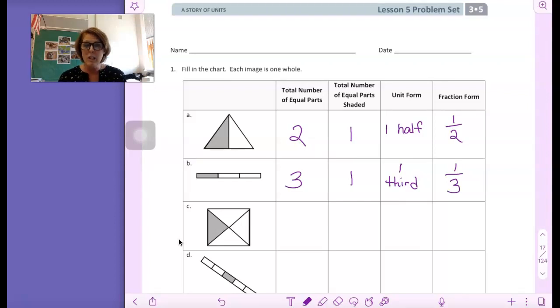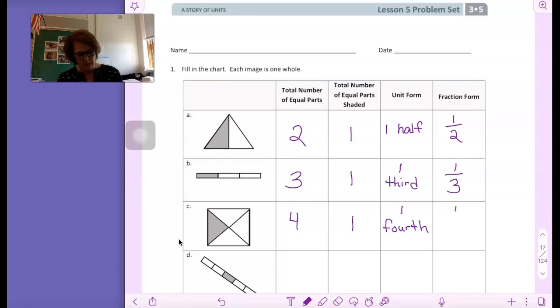Letter C, we have a total of 4 equal parts. 1 is shaded, and we call that 1/4. And the fraction form looks like that.